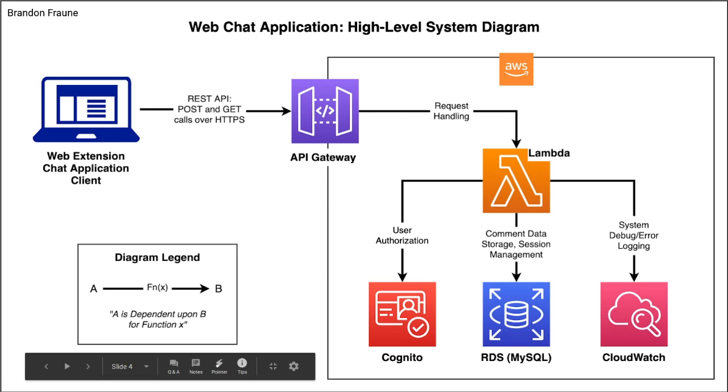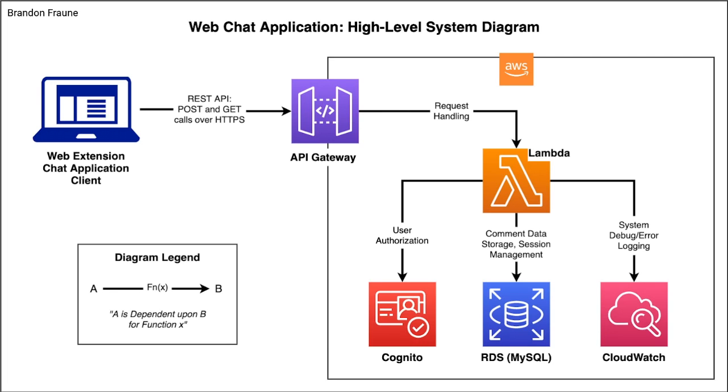I'll be taking us through the general architecture of our application with a high-level system diagram. This is how our system works, and this is almost identical to what we presented in the last presentation. The only part that's changed is where session management is occurring.